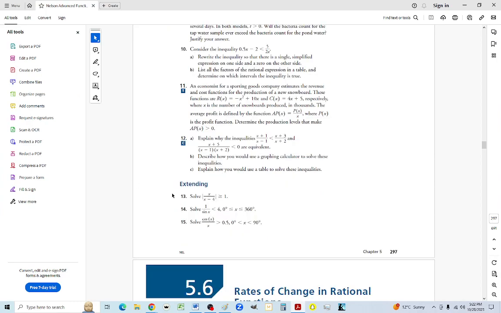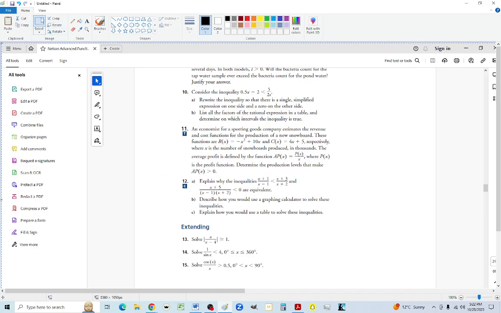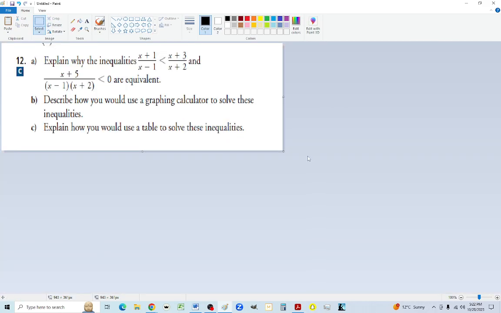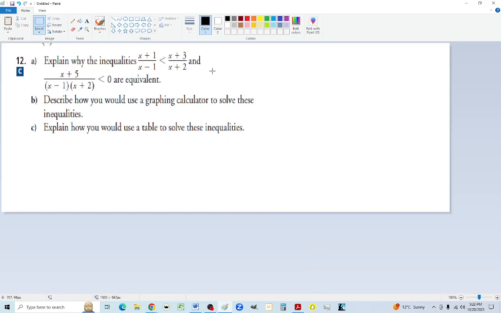And explain why the inequalities are equivalent. Okay. Oh, this is going to be hard, this left one, because you have to do two different solutions. To prove this is equivalent, we just got to make the first graph equal the second graph. And that just means putting this over the same denominator.